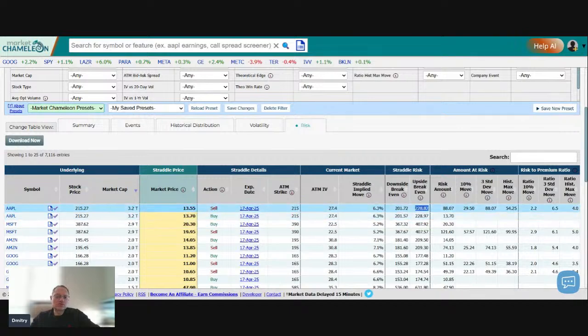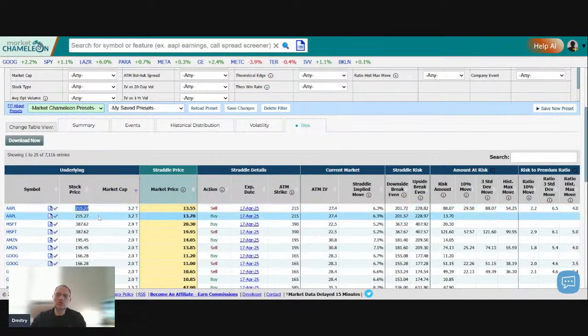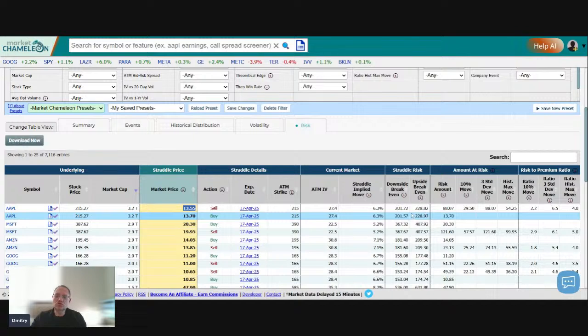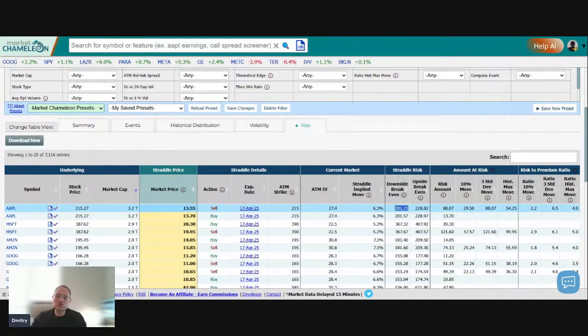So if you're doing the 215 straddle at $13.55, if you sell it, where are your break even points? So that's the range, 201.72 to 228.82. If you sell it, you want the price to be within that range.